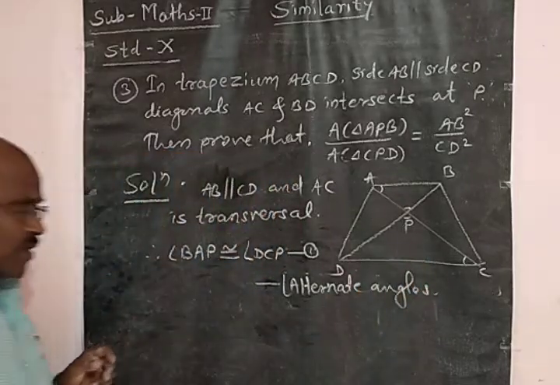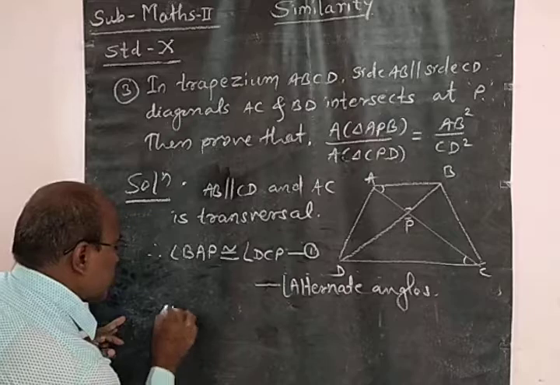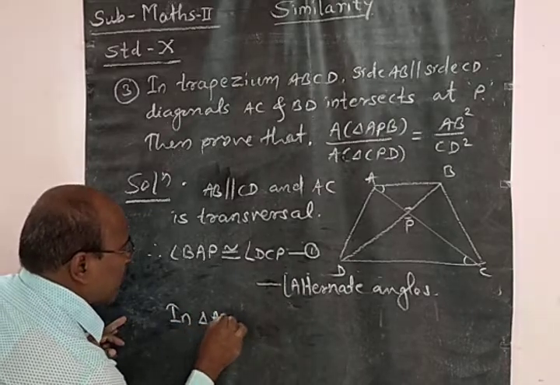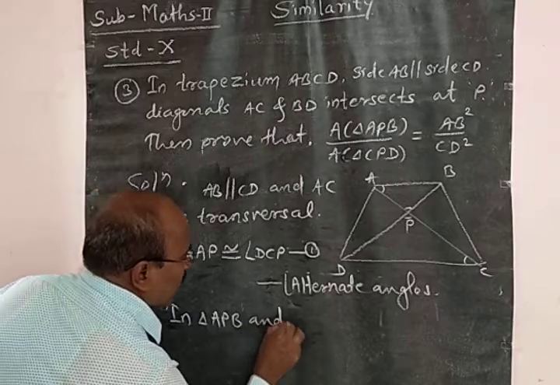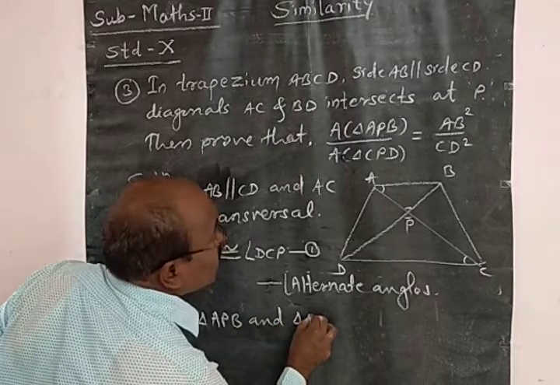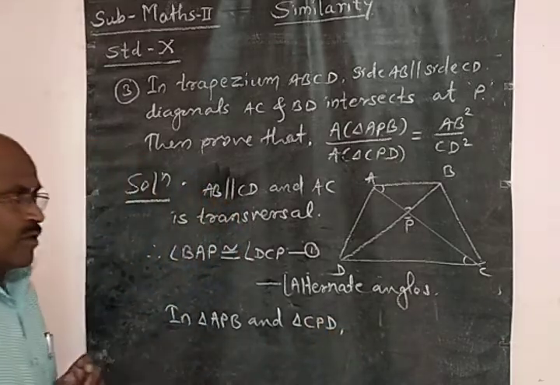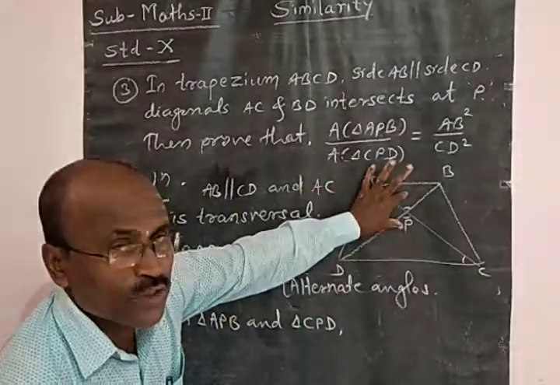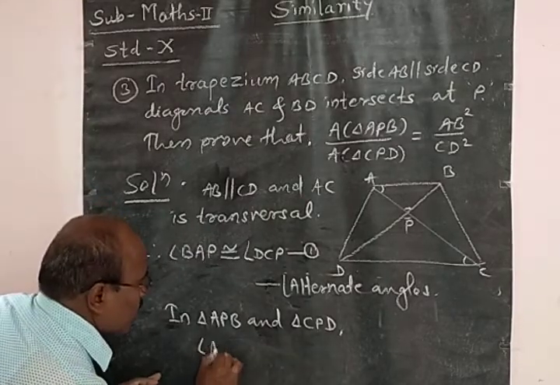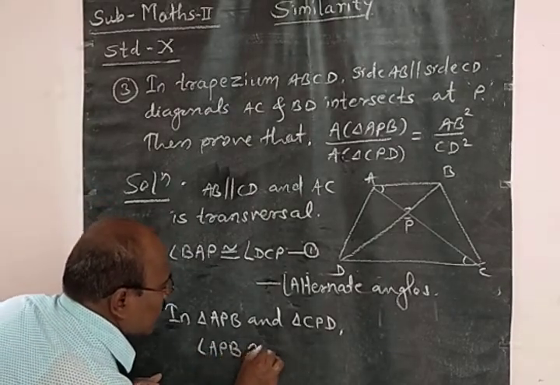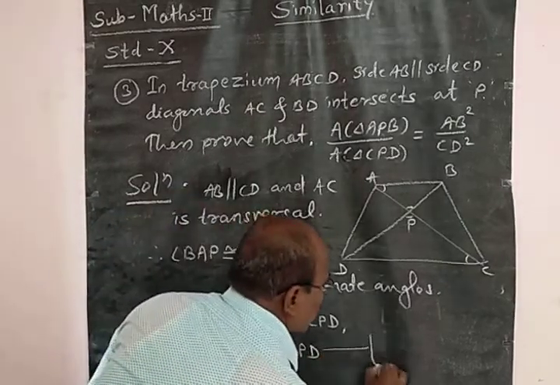Again, take these two triangles: in triangle APB and triangle CPD, one angle is the opposite angle, so take this one. Angle APB is congruent to angle CPD, vertically opposite angles.